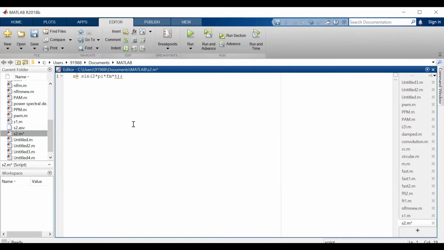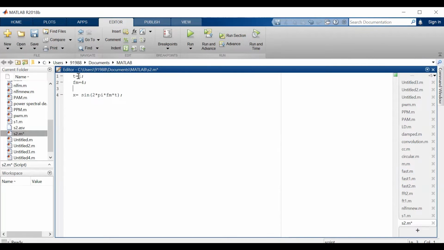Now we have to give the values for f of m and t. I'll take t as 1 and f of m as 4.